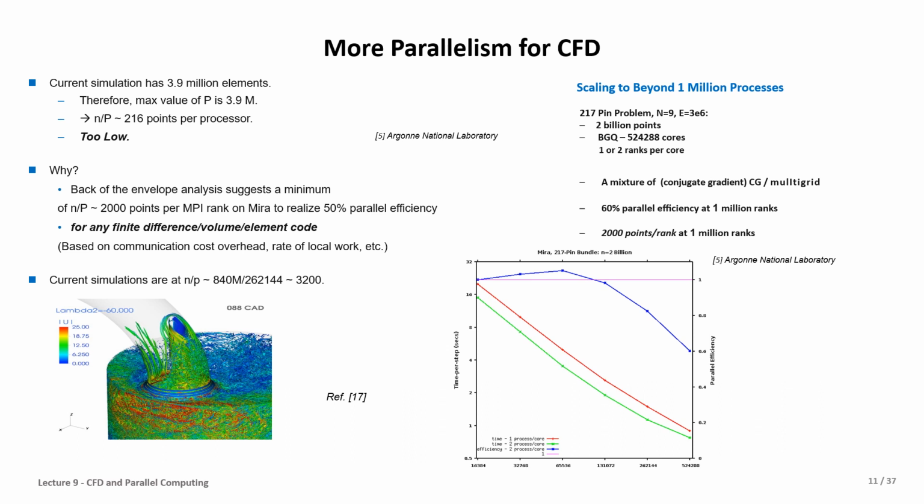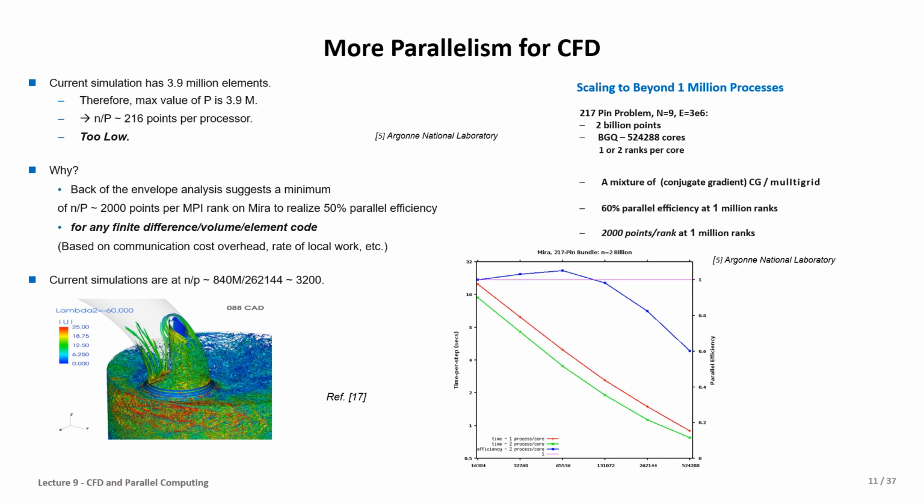The current simulation is at N over P equal to 840 million over 262,144, which leads to 3,200. So we said the minimum N over P should be 2,000, but here we have 3,200.